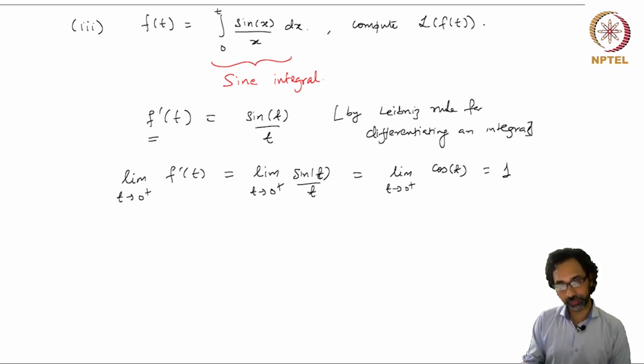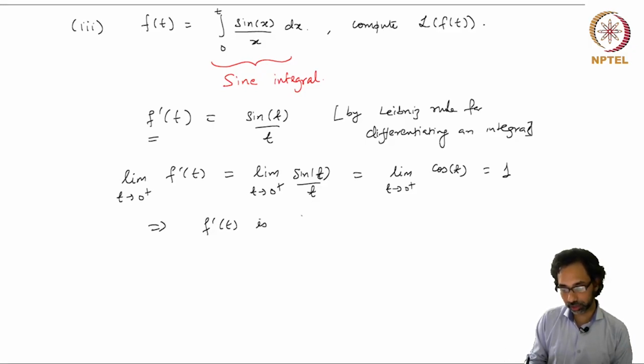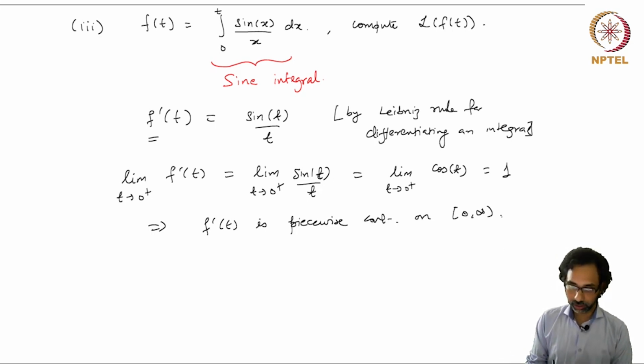Therefore the limit as t tends to 0 from the right side exists, and so therefore f prime of t is piecewise continuous on 0 to infinity. So we can use the derivative theorem.